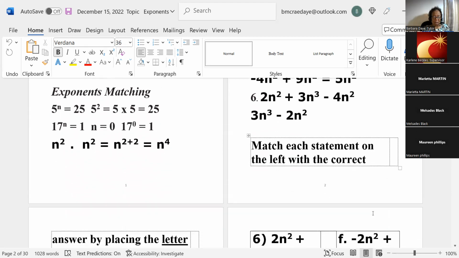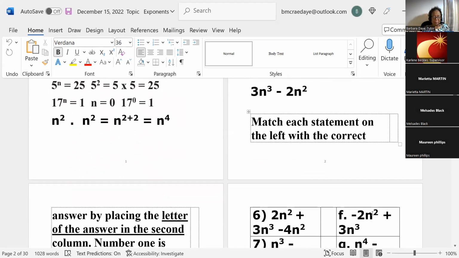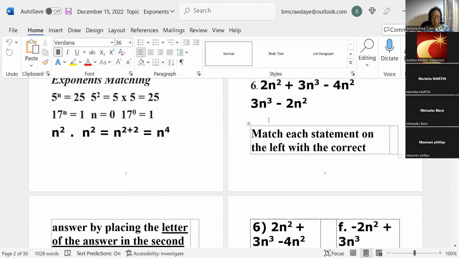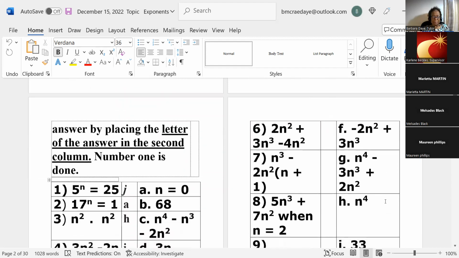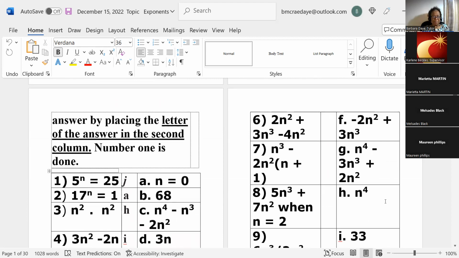Where does that fall in the table? 3n to the third minus 2n to the second. Which letter has that expression? Can you scroll, please, miss? Okay. You see it?